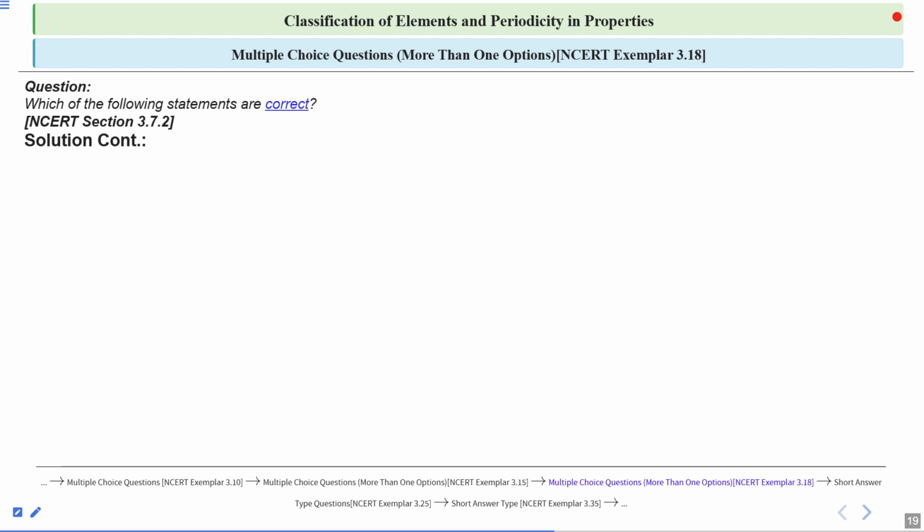So what is statement number B? That chlorine has less negative electron gain enthalpy than fluorine. I guess you must not mistake this one, because we have already talked about it, right? We have said that your chlorine has a greater amount of energy released. Now energy released means a negative sign.